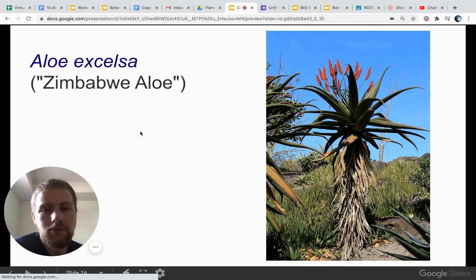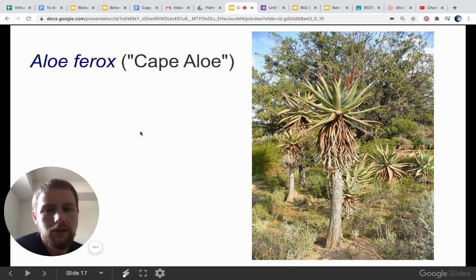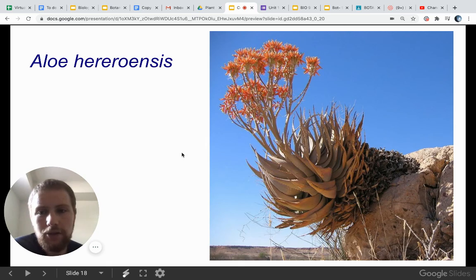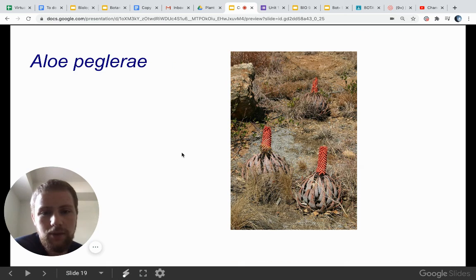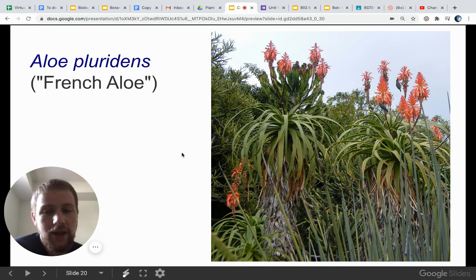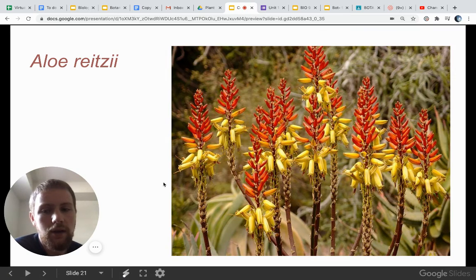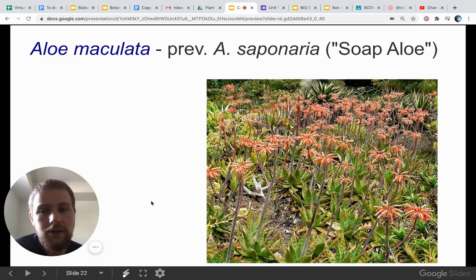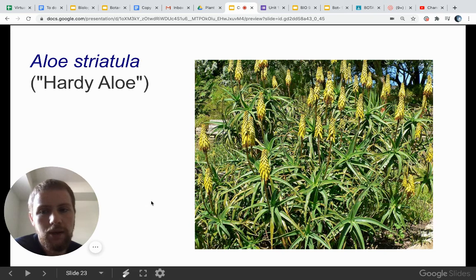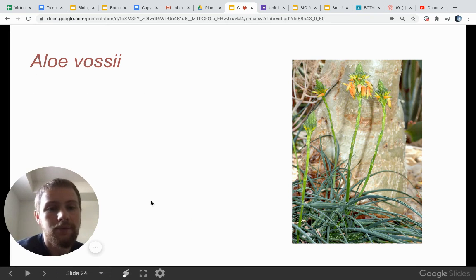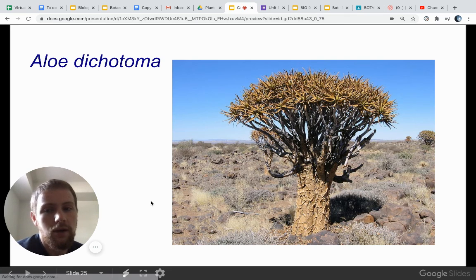Many different types. So I'll just toggle through so you can see these look pretty awesome. This one looks like a miniature tree. Pretty cool stuff. French aloe, so it can grow in different areas. It can be naturalized in Europe as well. Soap aloe, hardy aloe. This one I think is found in Europe, so more cool climate there, so harder to survive.